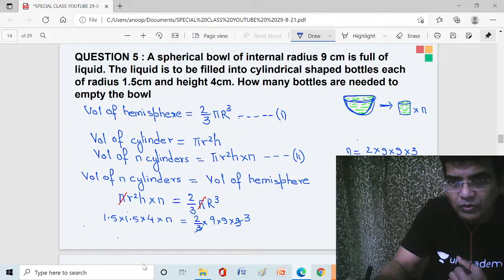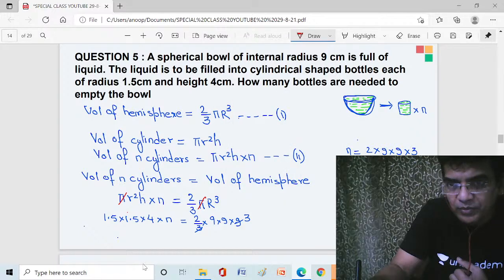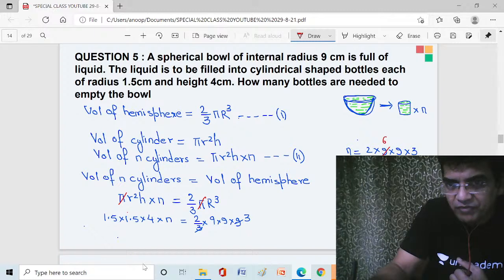Now let's reduce it. 1.5 will reduce 9 how many times? 6.